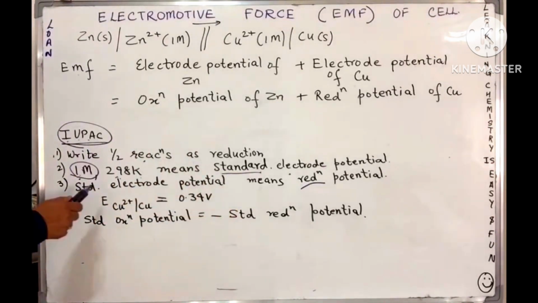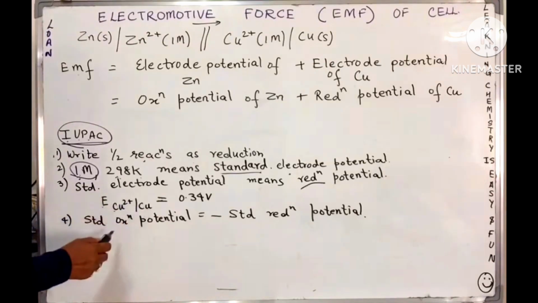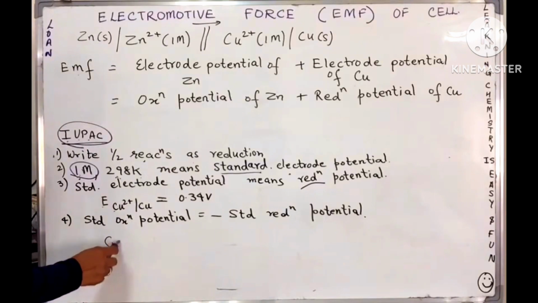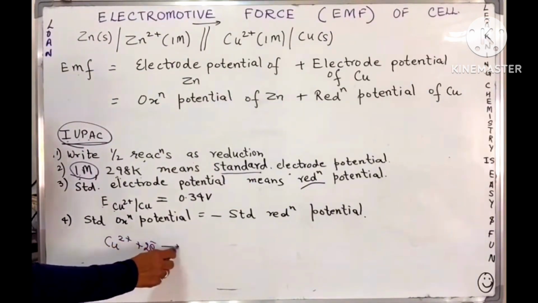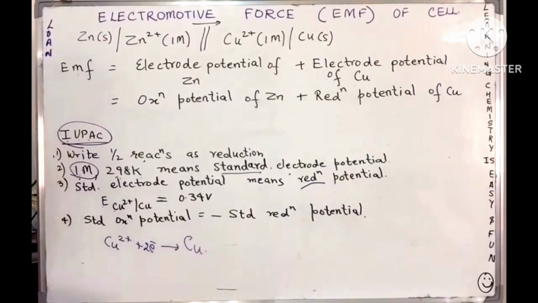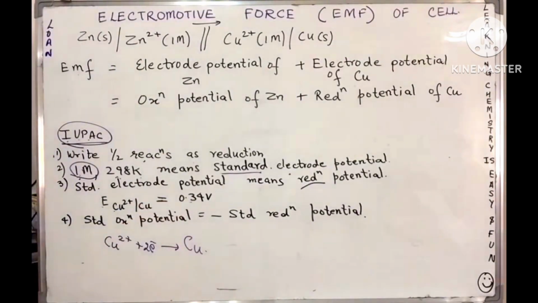For example, how do we represent this reduction potential? E of Cu2+/Cu. Basically what I am trying to indicate by this is copper is gaining 2 electrons in order to turn to Cu, and the potential at that time is 0.34 volt.